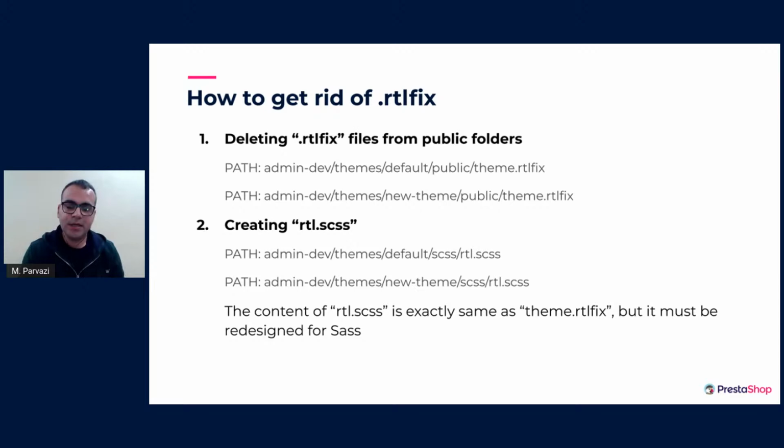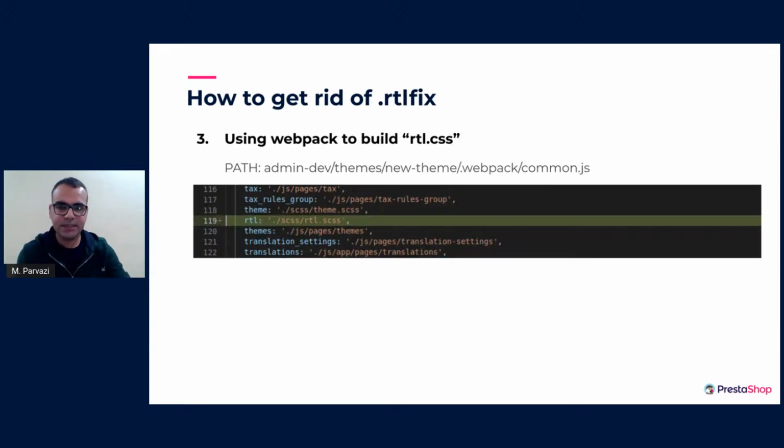We can delete the RTL fix file from the public folders, and we need to create a SASS file for RTL, and then put the override rules inside the SCSS file, and then use webpack for converting this file to a CSS file.